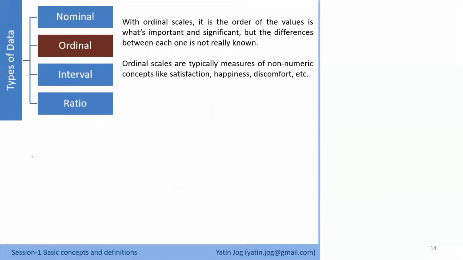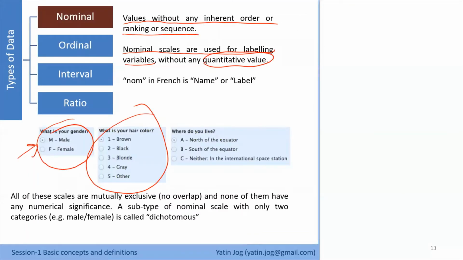And others are non-dichotomous nominal scales. So in nominal scale also, we have a special type with only two possible options or categories available. That is called a dichotomous nominal scale. Okay, so that is all about nominal scale. A very simple data type, just to represent labels and nothing else.